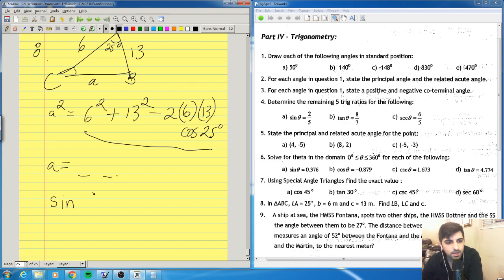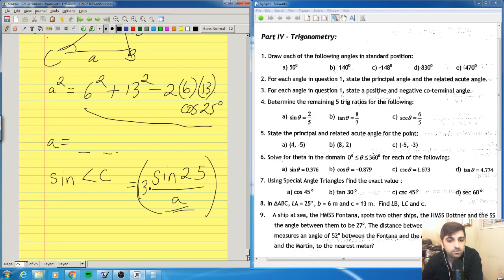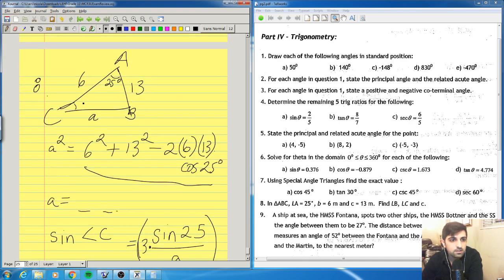Because then you're going to find angle C, for example. Sine of angle C divided by 13 is going to be equal to sine of 25 over whatever value you got for a. Then you can multiply both sides by 13, which means you could put 13 over here on top and evaluate this using a calculator, and then take inverse sine and you can get angle C. Now once you have angle C, notice I've got a triangle, so angle C plus 25 plus B is going to be equal to 180.